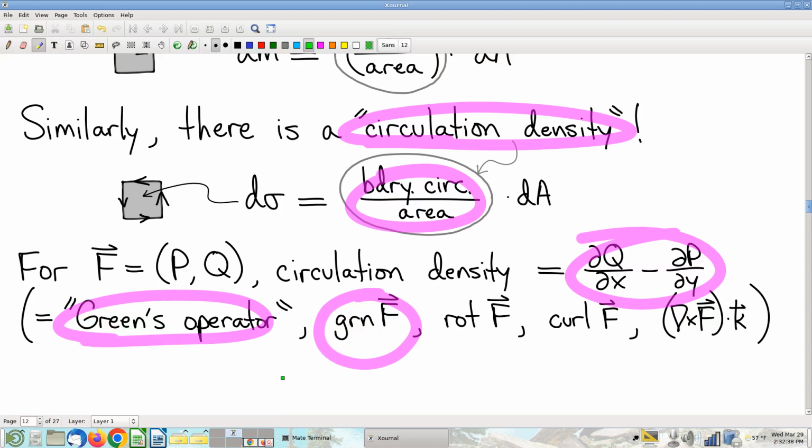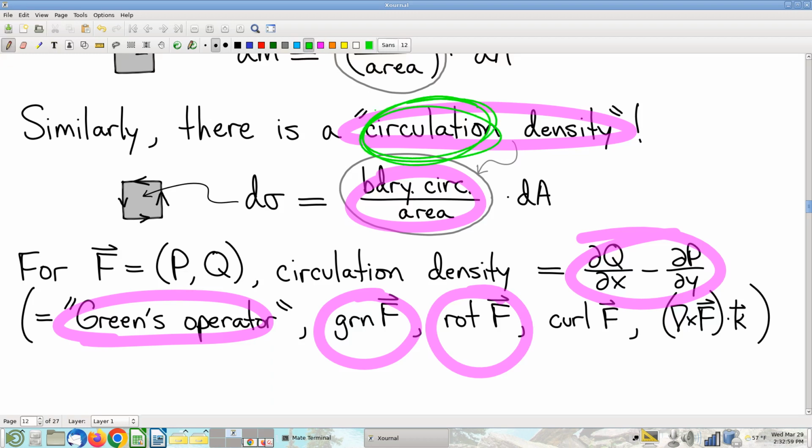Now, an alternative that I think is great, I like this quite well, ROT. Why would we call this ROT? I know it looks like rot. Right? It's an abbreviation of rotation. Why would we call this rotation? Well, don't forget what circulation is.